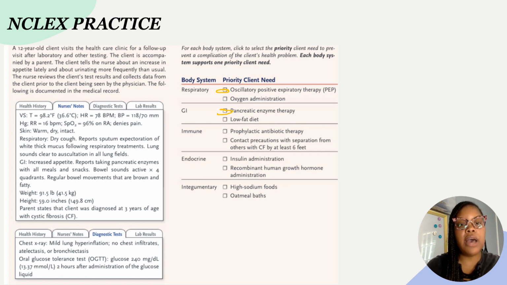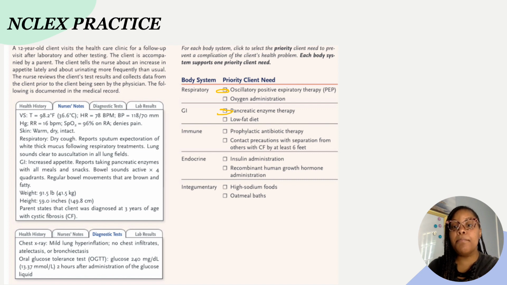All right, so let's move to our immune system. It doesn't really give us anything about the immune system other than that they didn't have any atelectasis or pneumonia or anything like that. And our vital signs are fine. So would we put the patient on a prophylactic antibiotic, or would we use contact precautions with separation from others with CF by at least 6 feet? We're never going to want to put a patient who is at a high risk for infections prophylactically on antibiotics.